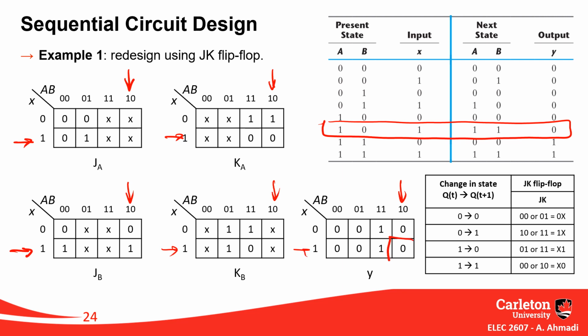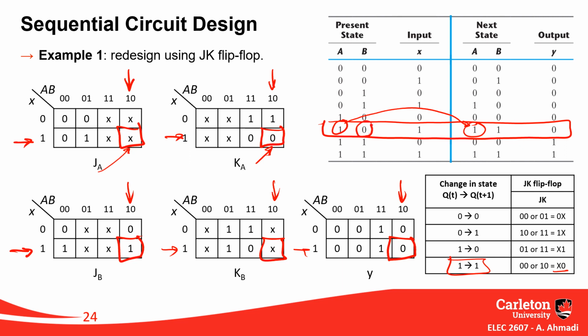So we are talking about this cell in our designs, right? So A changes from 1 to 1. Change from 1 to 1 means J is don't care and K must be 0. So J for A is don't care, you see, and K must be 0.